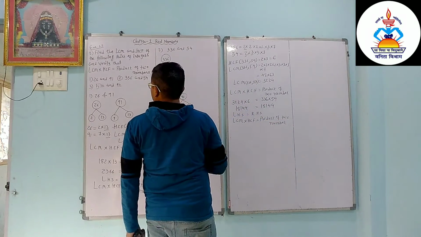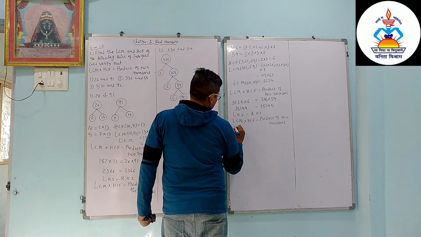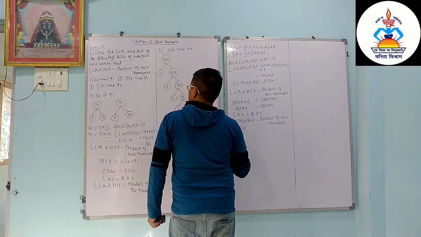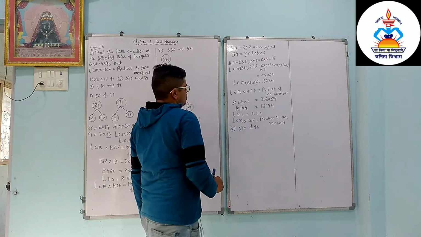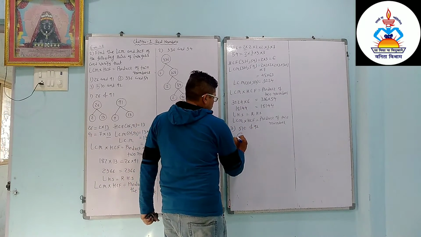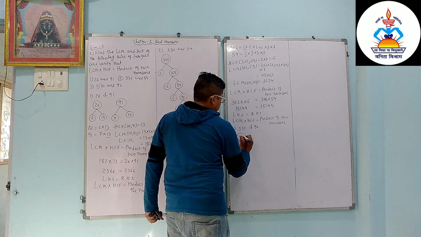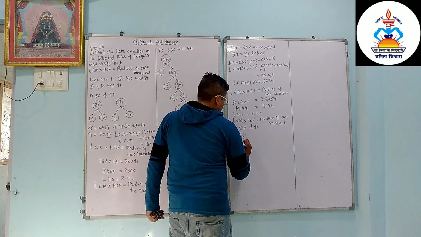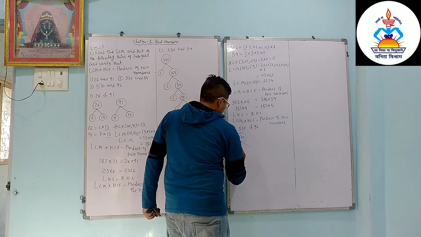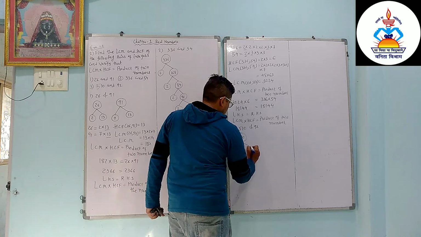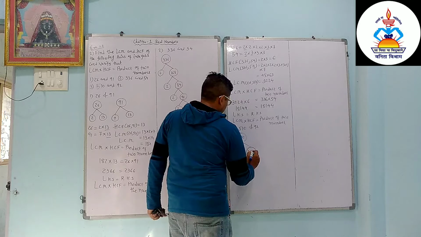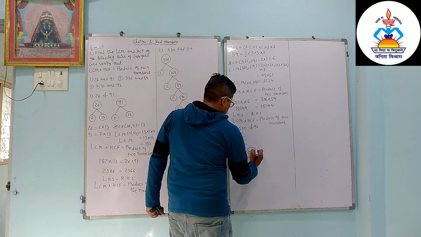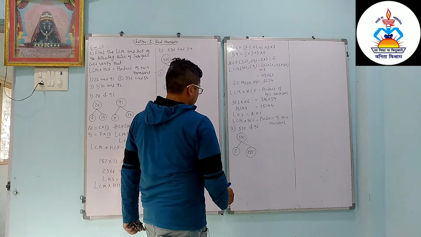We have the next question, question number 3. We have to find for 510 and 92. Okay, 510 and 92. So we again draw 510 in the circle. So here we get 2, 255s are.